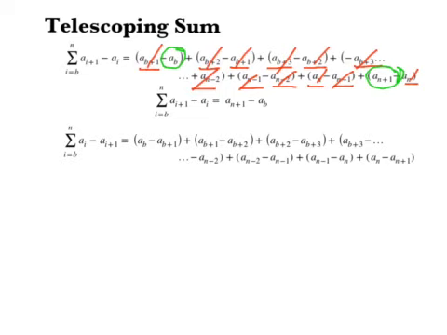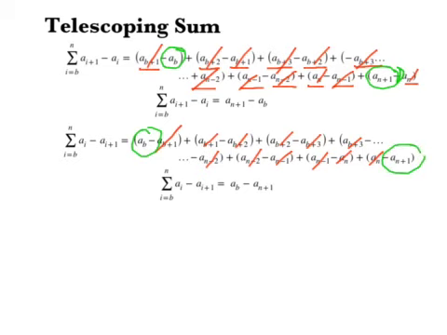If we go through and look at our terms, we have cancellation. This is a lot cleaner because they're next to each other. The n minus 2 and n minus 1 terms cancel, and the n terms cancel. And just as we expected, we are left with a sub b minus a sub n plus 1.